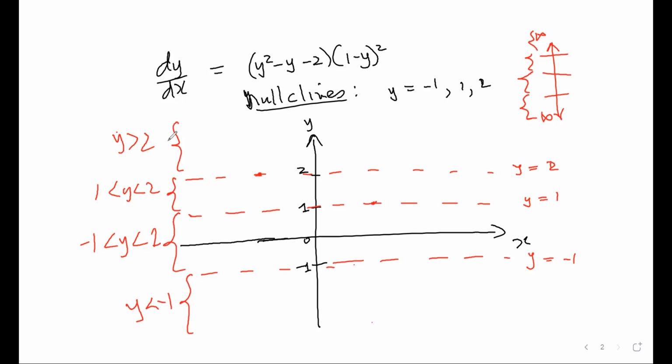So what we know is that solutions inside the same interval behave the same way. They have the same sign for the slope, even though the orientation can be different as you move from one point to the other.